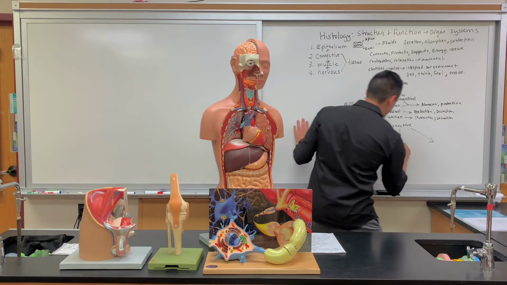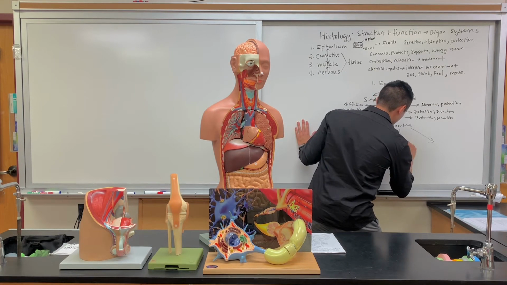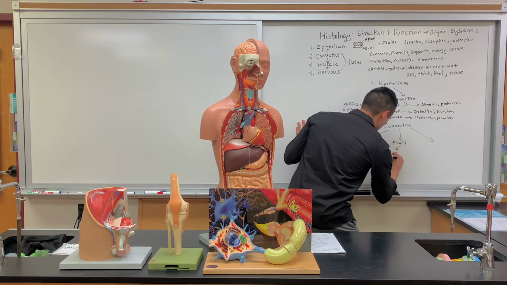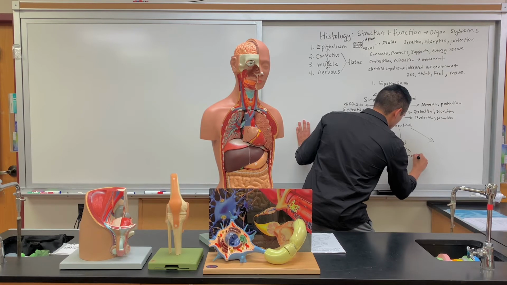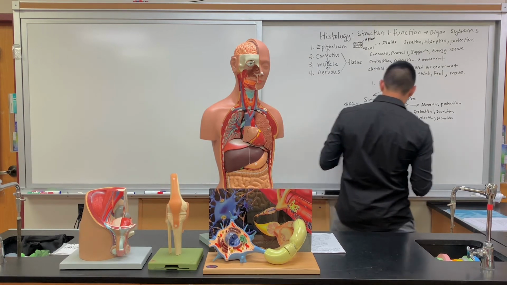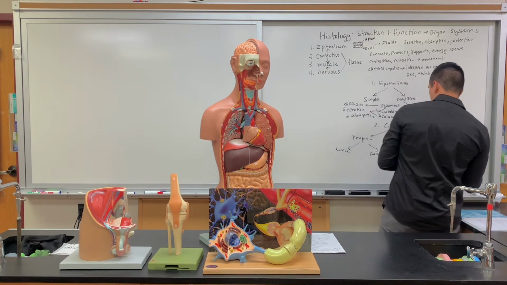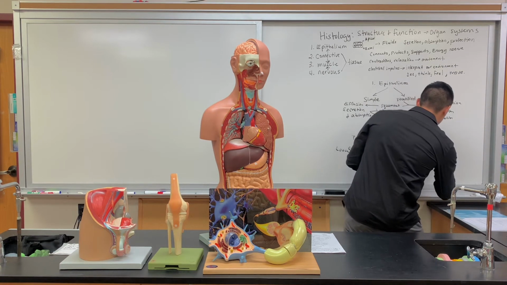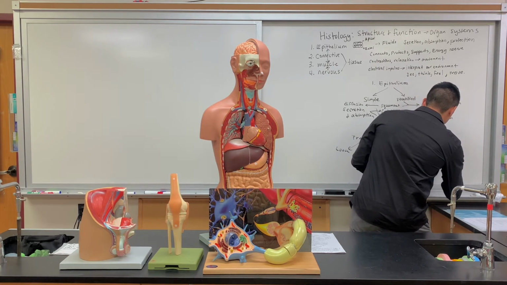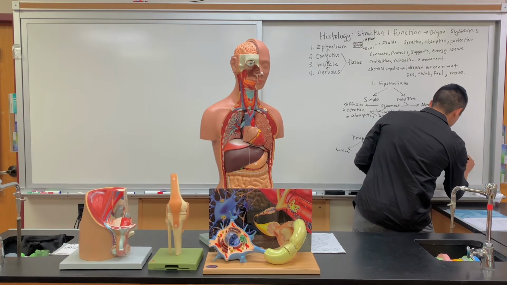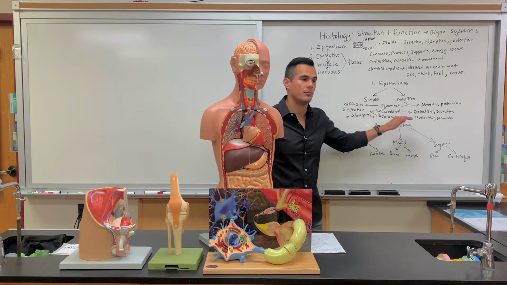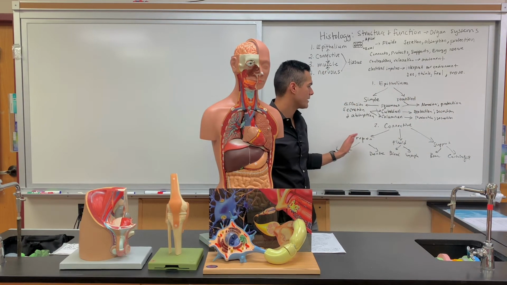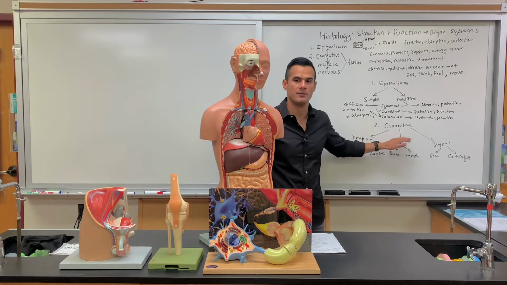We also have the fluid component, which includes blood and lymph. And then the last type of connective tissue is for support. So we have bone and cartilage. This is dividing it based off of some of the common features.